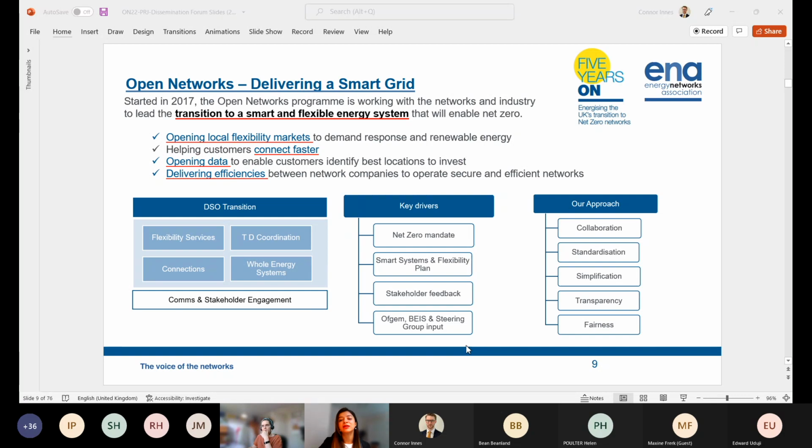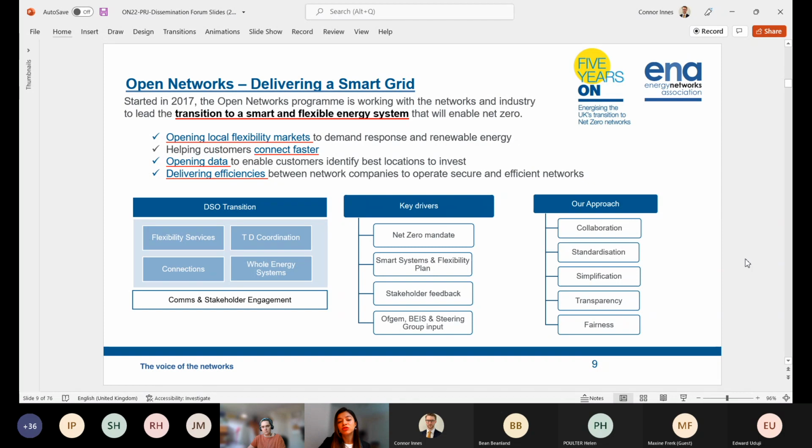That further reiterated the need for us to act and deliver change as quickly as possible. There are a number of key actions in that plan that are assigned to Open Networks to take forward. So again, that is a key driver for us in our program. Also quite central to the work that we do is feedback from our stakeholders and from the industry, as well as feedback from Ofgem and BEIS.